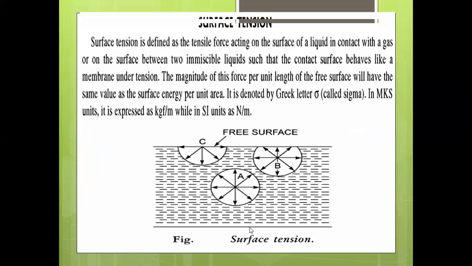Our next property is surface tension. Okay. So now everyone knows what is surface tension. I have given you the example of surface tension, daily life examples. Can anyone tell me what is an example? Give an example of surface tension.